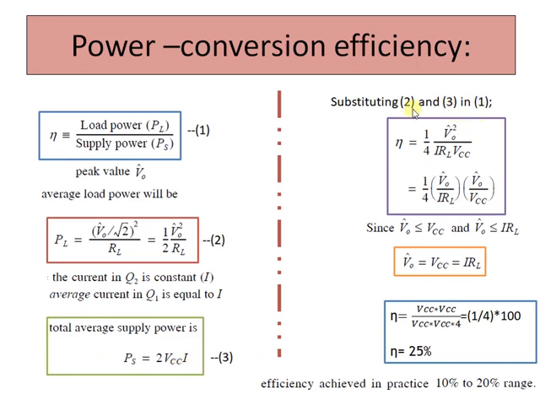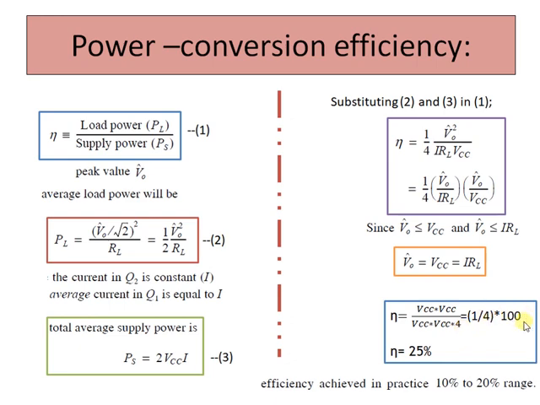If I substitute equation number 2 and equation number 3 in equation number 1, I get the power conversion efficiency equal to 1 by 4 into V0 cap divided by I RL, into V0 cap divided by VCC. Since the peak value V0 cap is equal to or less than VCC, and V0 cap is equal to I into RL, I can write this equation as eta equal to VCC into VCC divided by VCC into VCC multiplied with 4.